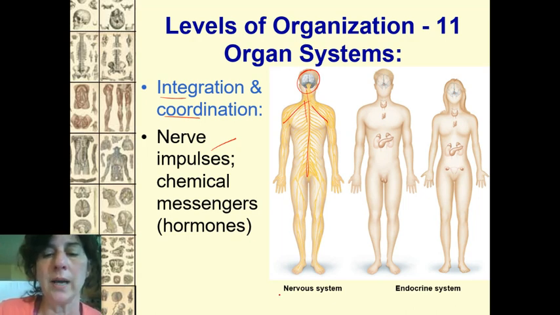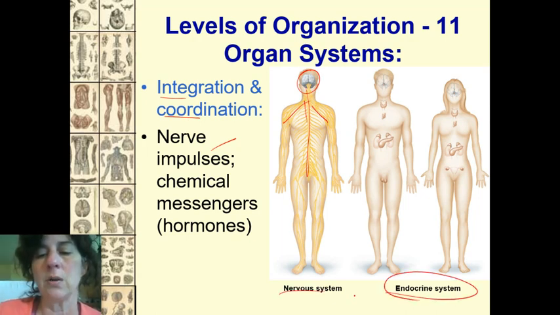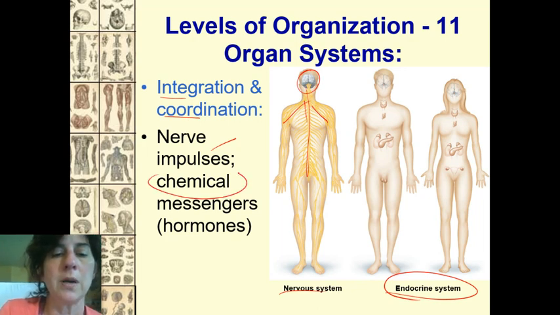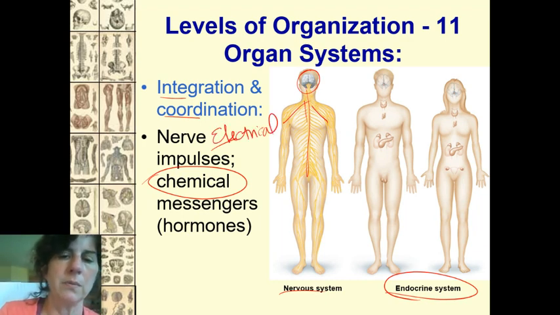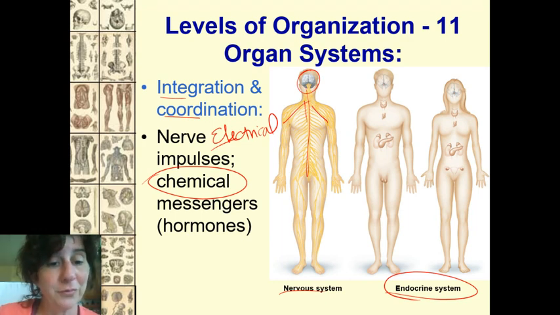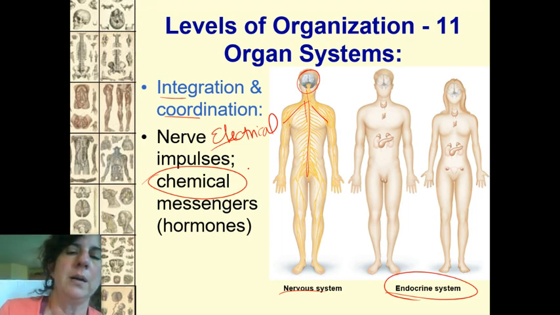In addition to that, you have the endocrine system, and the endocrine system is primarily chemical messengers. The nervous system is primarily electrical impulses. There's some chemical involved there, but we'll save that for later. But the endocrine system is primarily chemical signals. So this is endo right here.